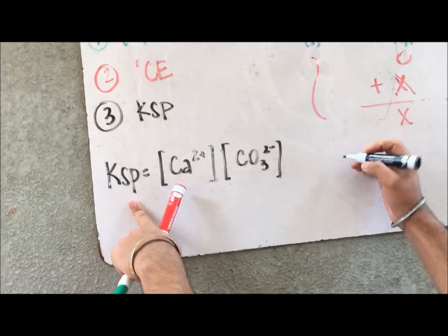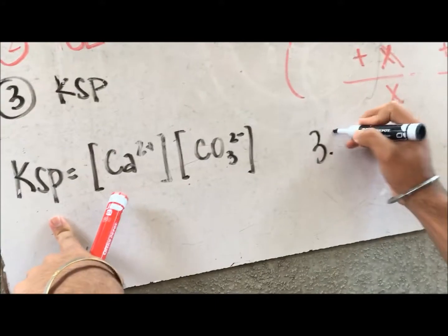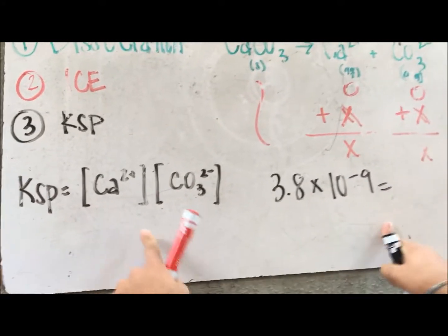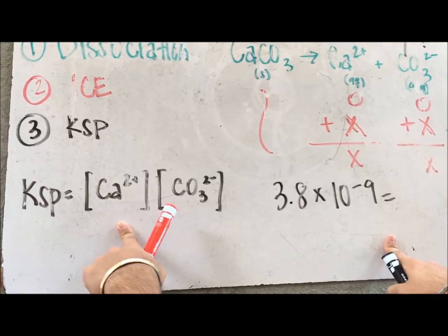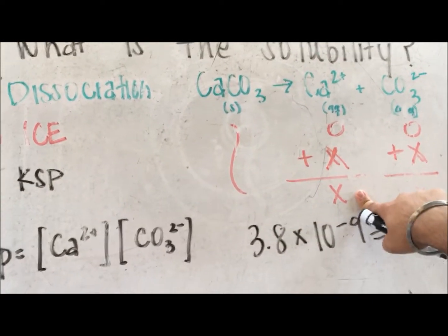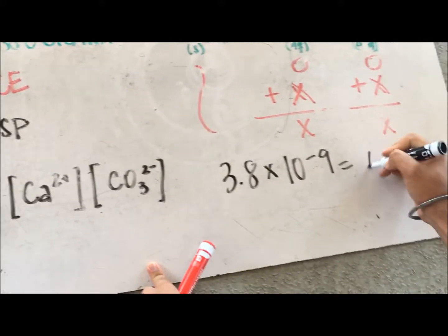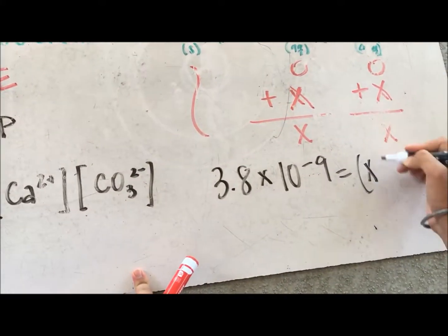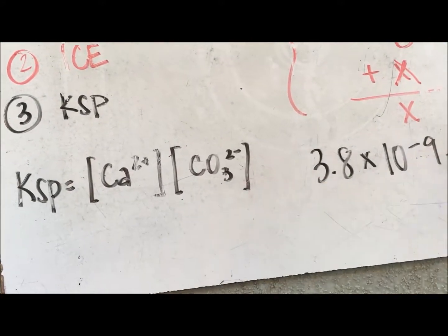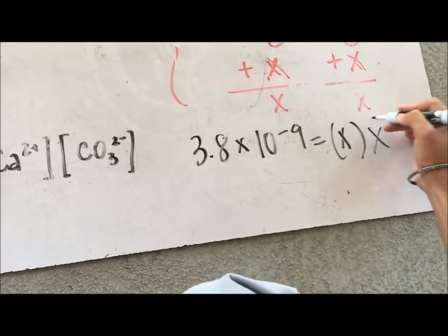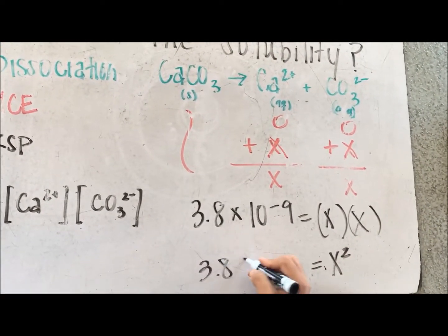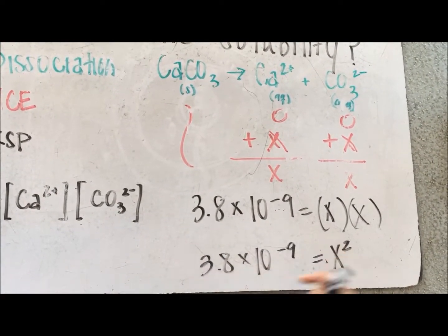We know what our Ksp is. It's given: 3.8 times 10 to the minus 9 equals, what's the concentration of Ca2 plus? Oh, we just figured it out up here. 0 plus x equals x. We have x amount of calcium 2 plus times the concentration of carbonate, which we figured out is also x. x times x equals x squared equals 3.8 times 10 to the minus 9.